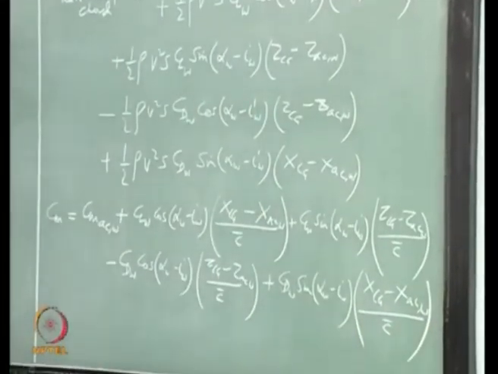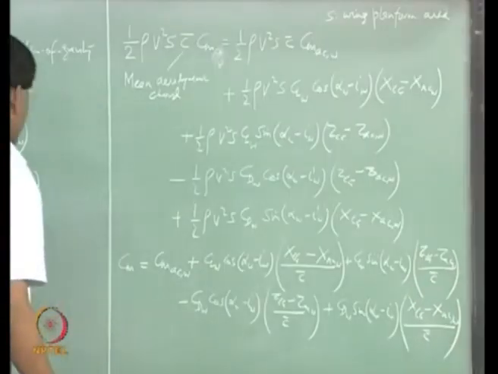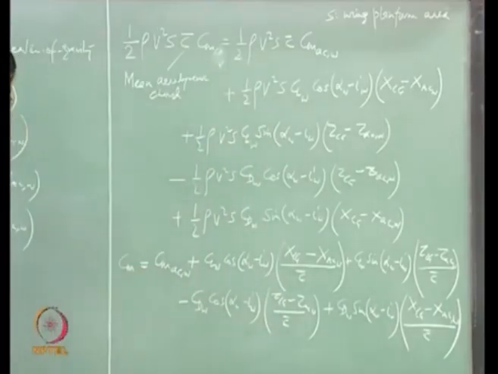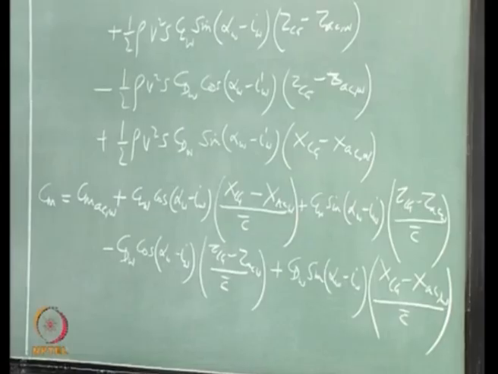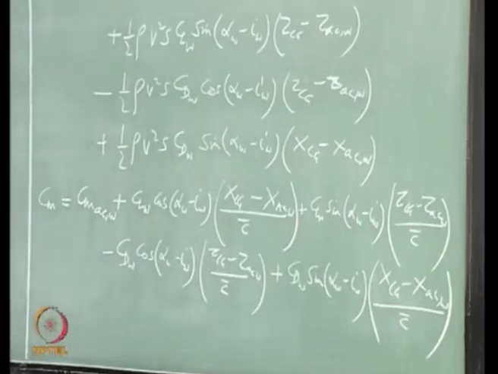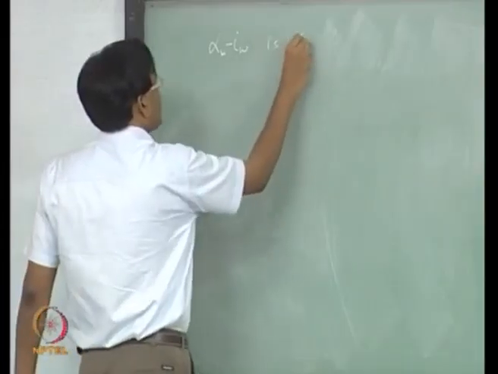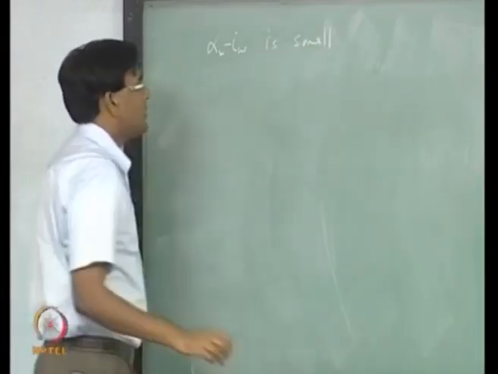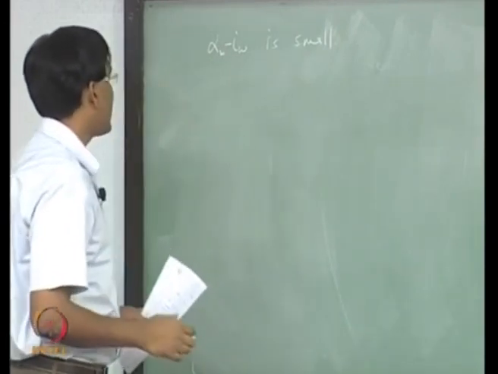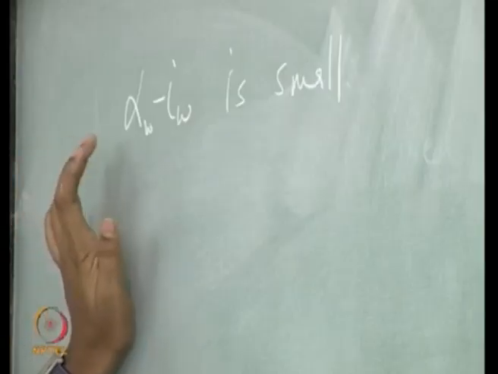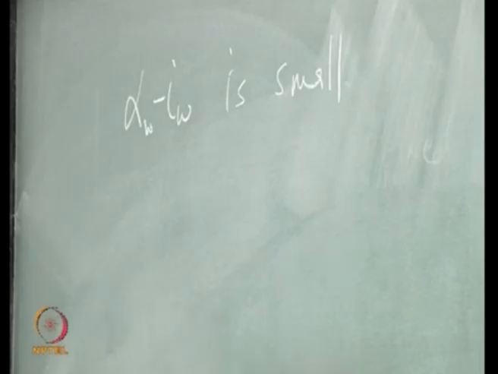Now, this is the complete expression. If you have all the distances which are significant and all the numbers which are significant, we have to include them, but here for simplifications let's assume that this angle is small, which is perfectly a valid approximation or assumption, because we are talking about the pre-stall conditions of flight.